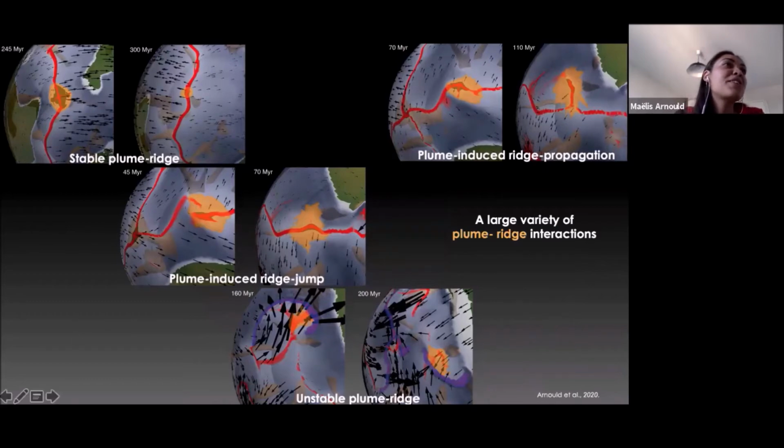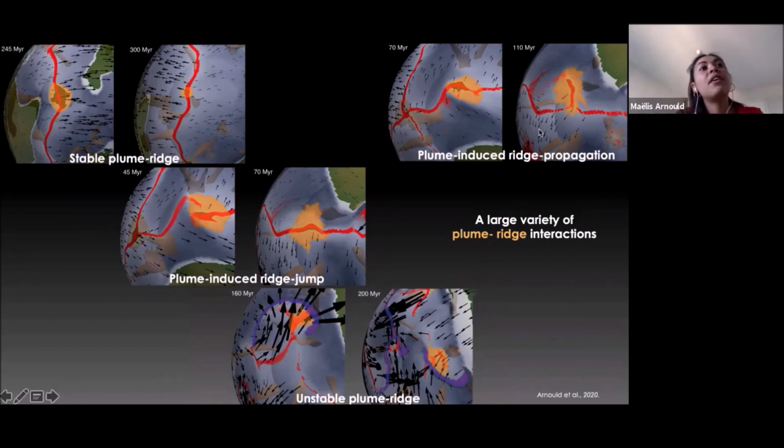For example, here you can see that we have stable plume-ridge interactions. Here you have plume-induced ridge jump, where the former ridge was located there, and then it jumps straight to the other side.